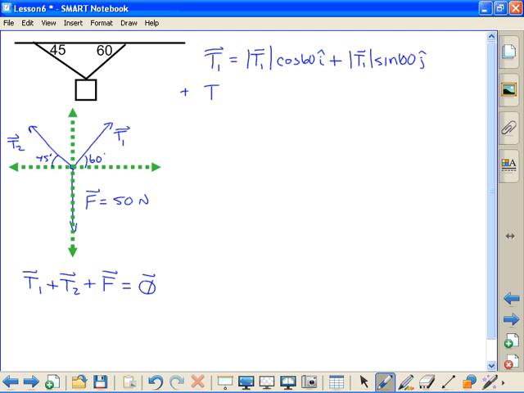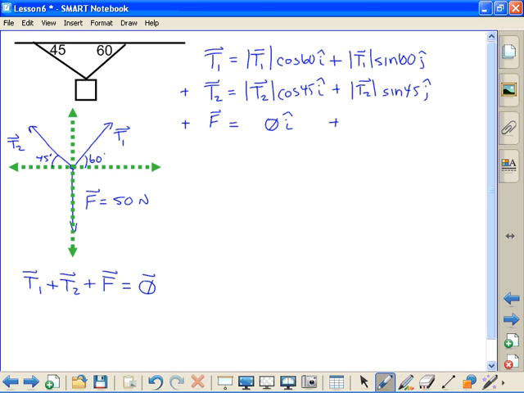T2, which I'm adding, will equal magnitude of T2, so we don't know that one. And this one's going to be cos 45 i plus magnitude of T2 sine 45 j plus the force vector. And because it's straight down, it has no i component, or no x-axis.